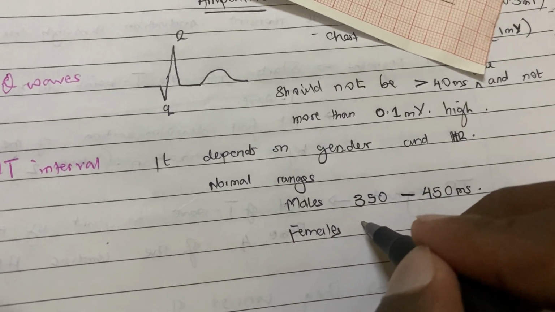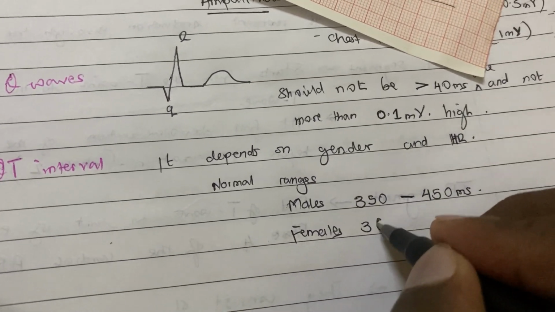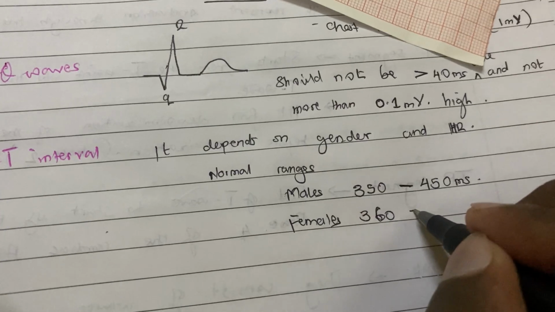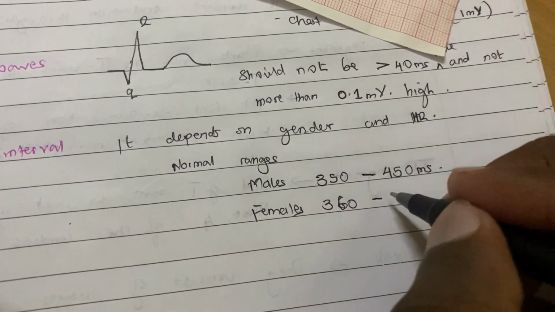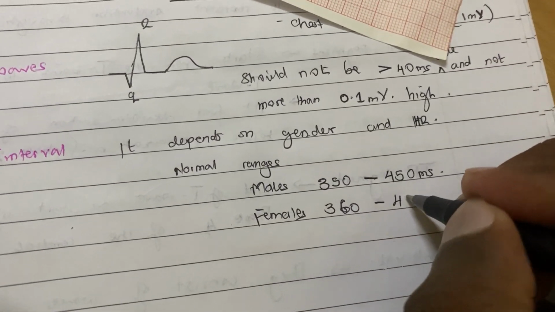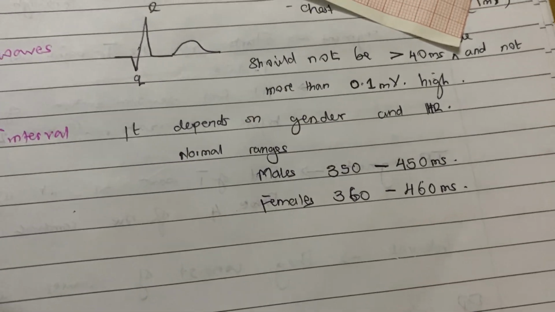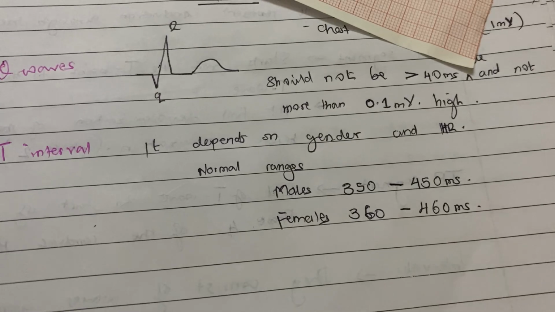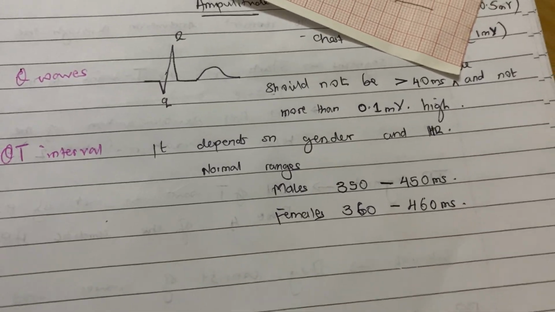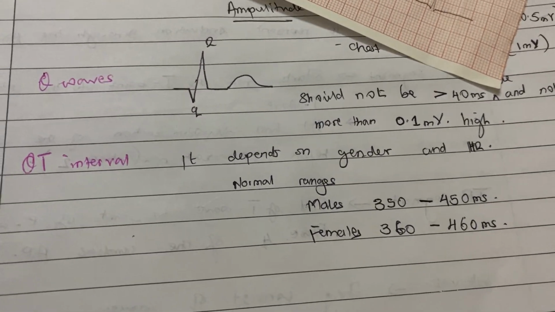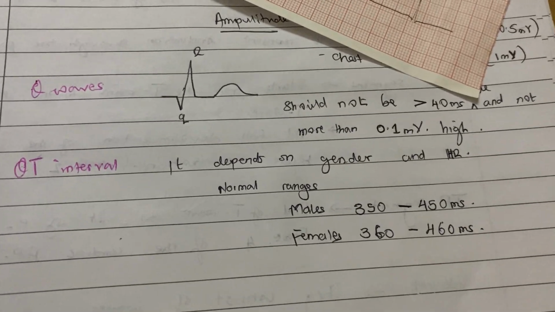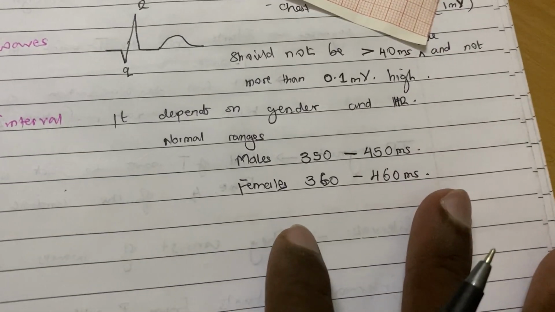Now in females it is going to be 360 or 370, depending on where you're getting it from, to 460 or 470 milliseconds. Sometimes they give 470, others 460. So these are the normals. It can be prolonged or shortened, that's why there is a range.